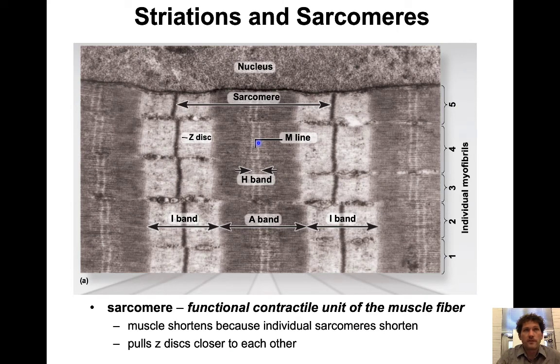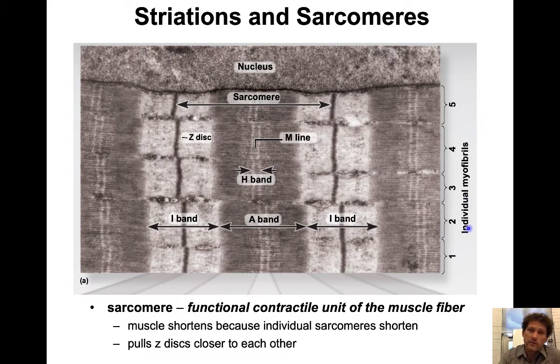Okay. Perfect. Moving on to another image, what I wanted to show you is a histological view of what these sarcomeres look like under a microscope. When we talk about striations, those are coming out of, or are a result of, those sarcomeres.